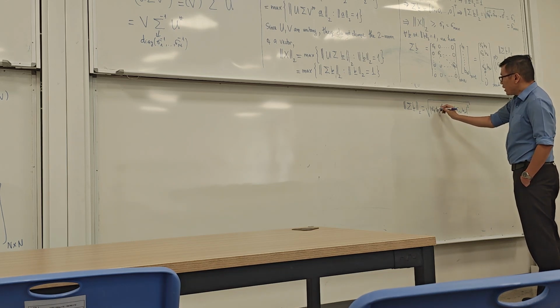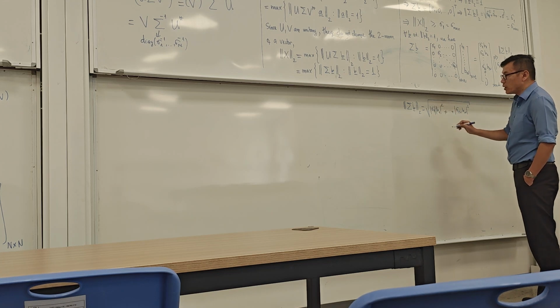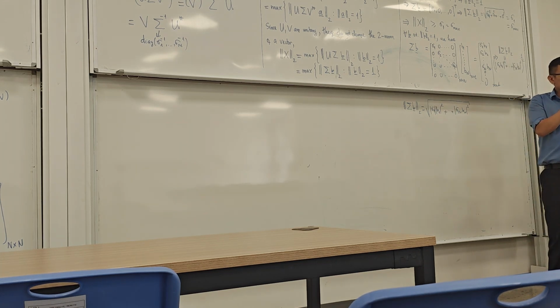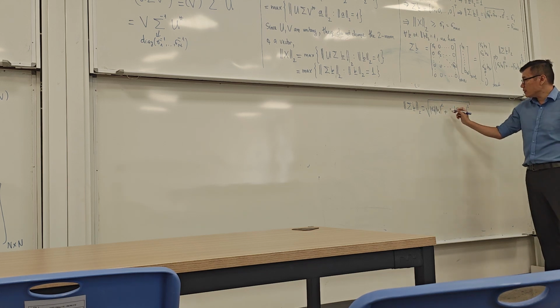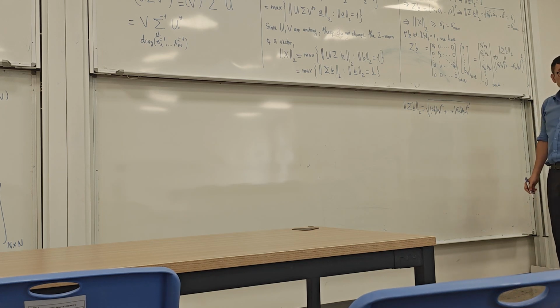But then you see we can split this into two moduli. Remember, the modulus of a product equals the product of the two moduli. Then I can split it into the product of two moduli. And now this is smaller than or equal to the max, sigma max. Go slowly, keep the square root.